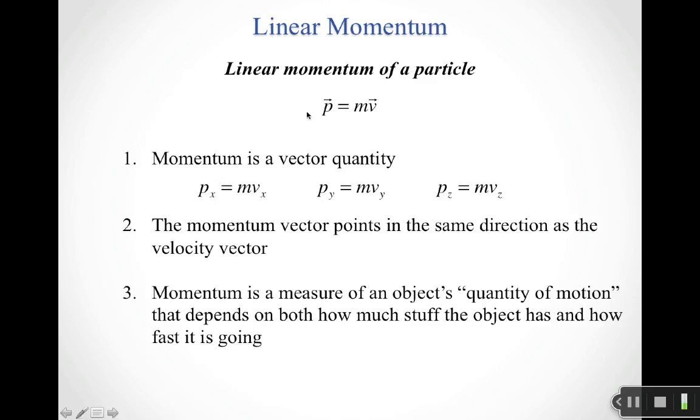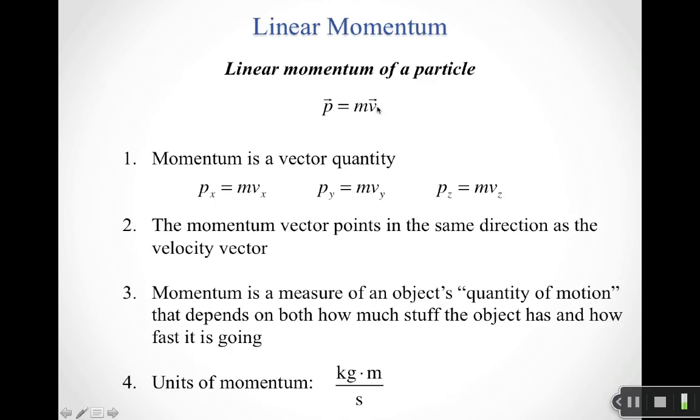So mostly what we do is we recognize that the linear momentum can be calculated with this equation, and that it depends on two things. One is how much stuff there is in the object, what its mass is, and then what its velocity is. So how fast is it going and what direction is it going?